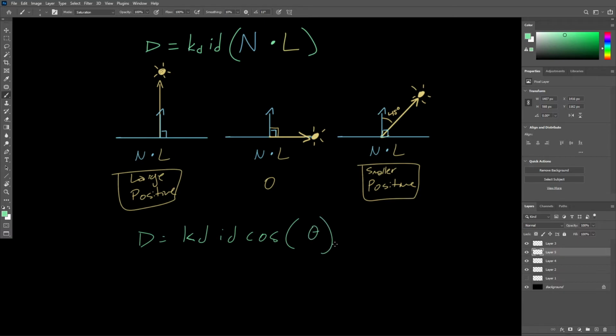Because of course we've seen in our previous lecture that we can relate the dot product of two vectors to the angle between them using the cosine. So this would be another way of writing the diffuse shading term here.